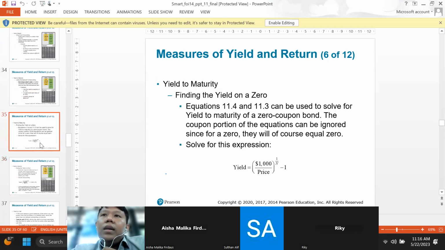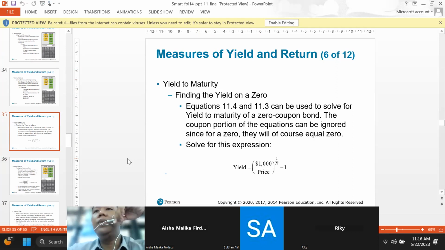Okay, next we'll learn about finding the yield on a zero coupon bond. A bond which gives you zero coupon will not give you any coupon payment, but it will directly give you the face value at the end.